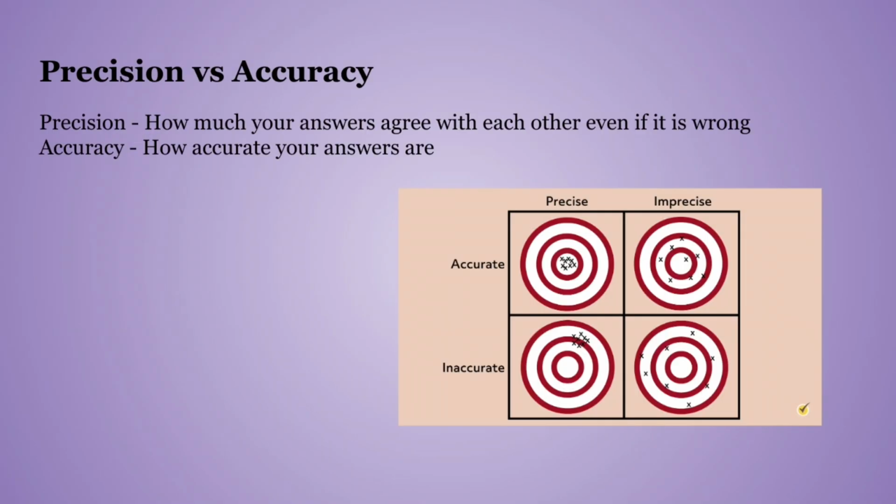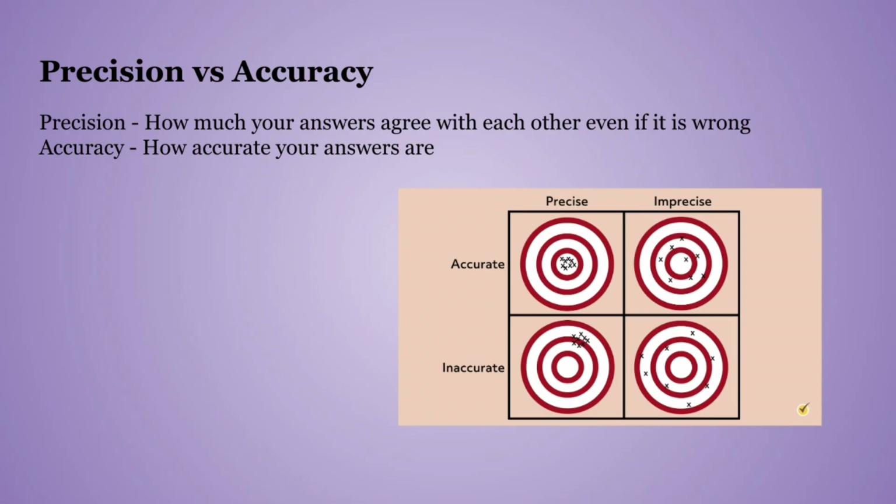Now we're going to go on to precision versus accuracy. So precision is just how much your answers agree with each other. And then accuracy is how accurate your answers are. Like, say this girl named Emma is measuring the temperature in one of her experiments.